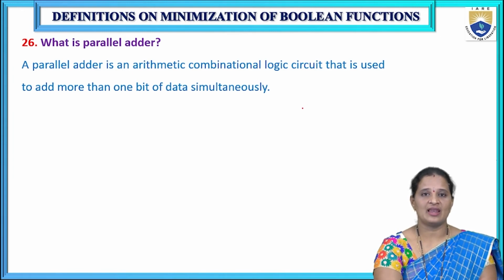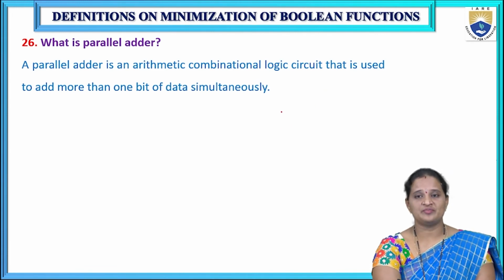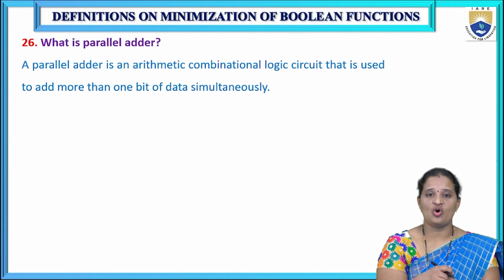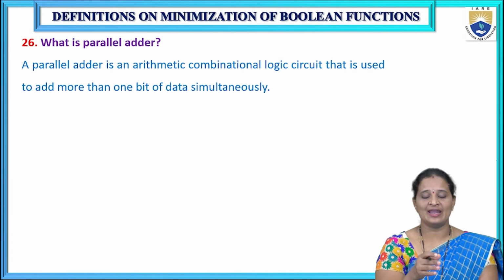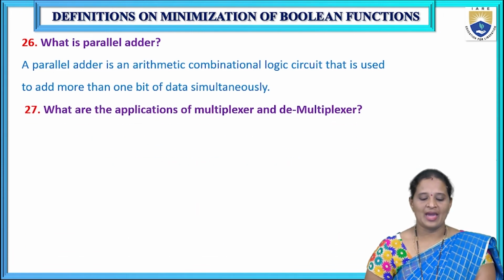That is called a parallel adder. A parallel adder is an arithmetic combinational logic circuit which performs the addition of two binary numbers of more than one bit each in parallel. That means all the bits of the two numbers are added parallelly at a time. Such types of adders are said to be parallel adders.